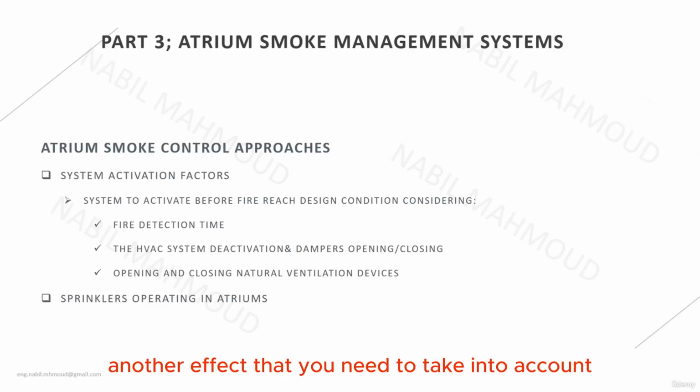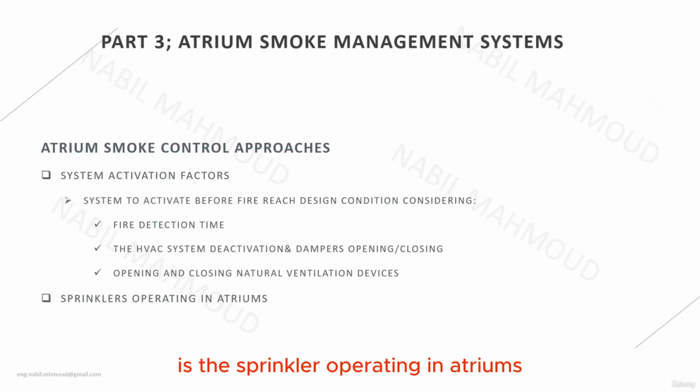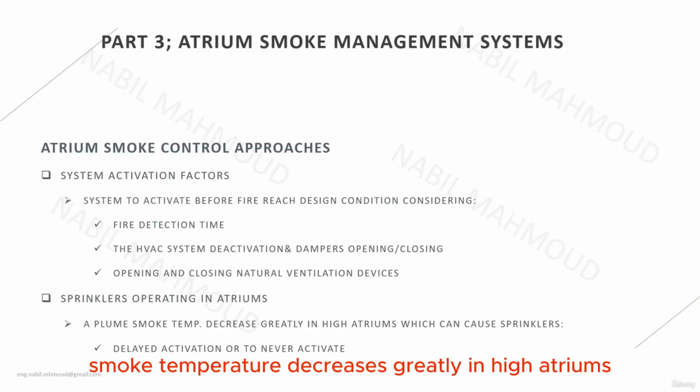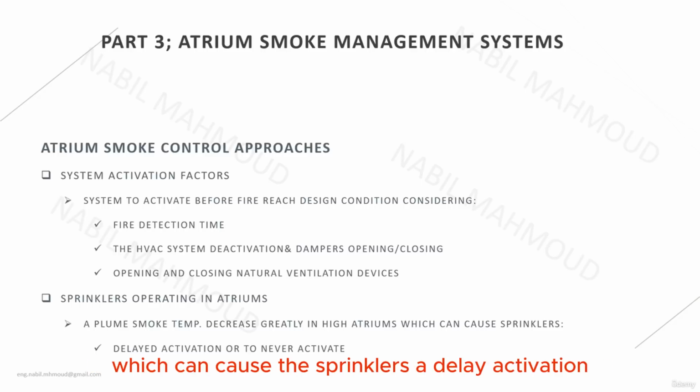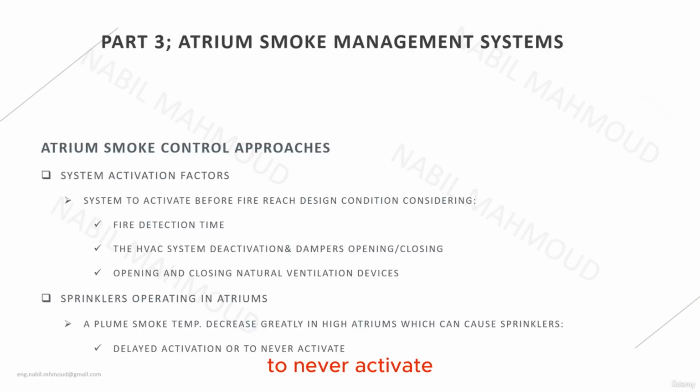Another effect that you need to take into account is the sprinkler operating in atriums. You need to understand that a plume's smoke temperature decreases greatly in high atriums, which can cause the sprinklers to activate late or, on some rare occasions, never activate.